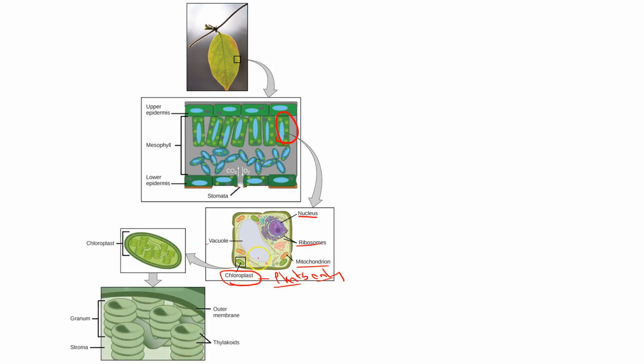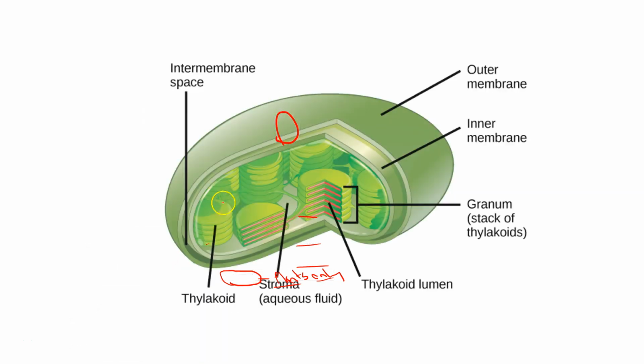So if I was to look at the chloroplast, which is an organelle, and magnify it, it would look something like this. There's a couple of features I want to point out. First is that they are a little bit similar to a mitochondrion in the sense that they have an outer membrane and an inner membrane, and that was true of mitochondria. Inside of the chloroplast are these little discs called thylakoids.